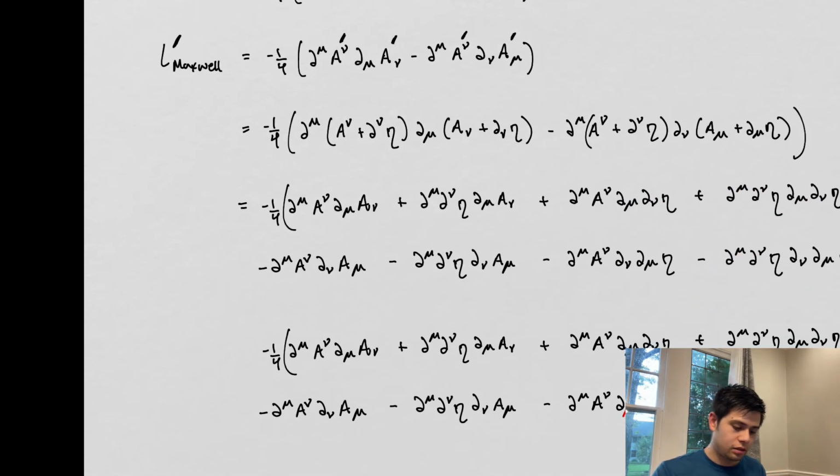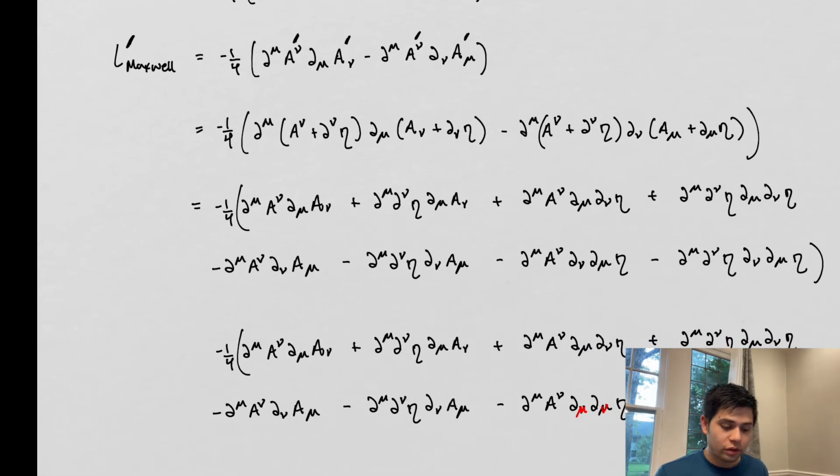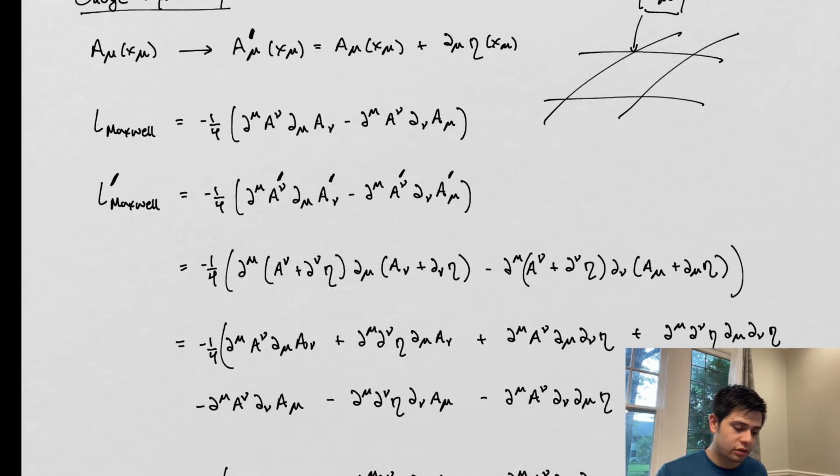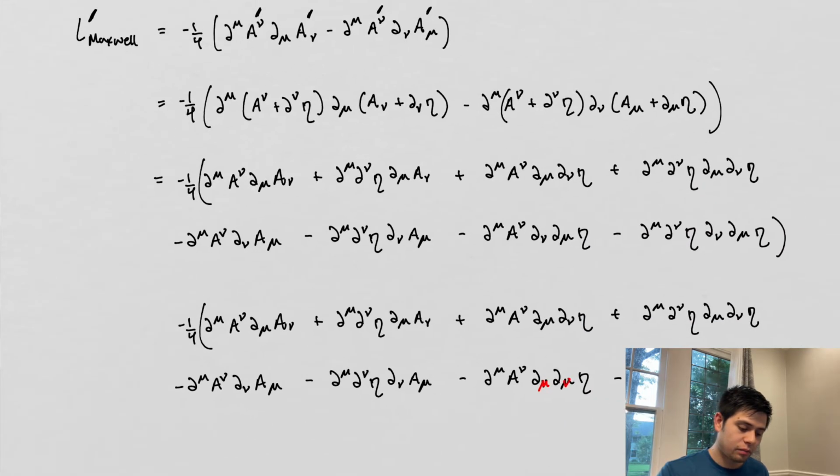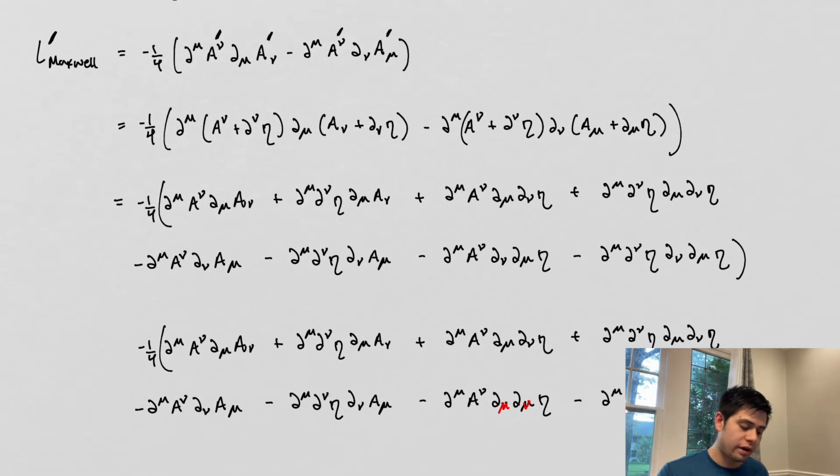And what we can do now is, if we know that this is what the transformed 4 vector equals right here, then we can put that in wherever we see a 4 potential, or a 4 vector.